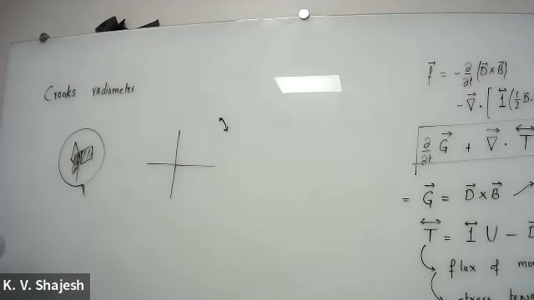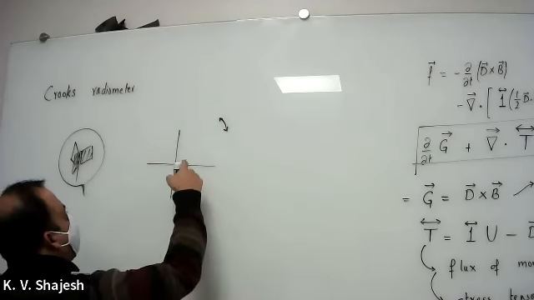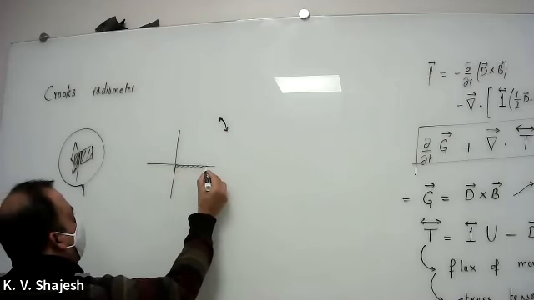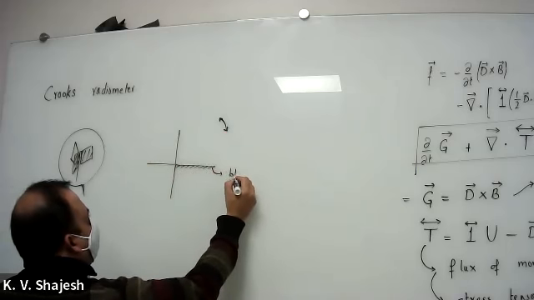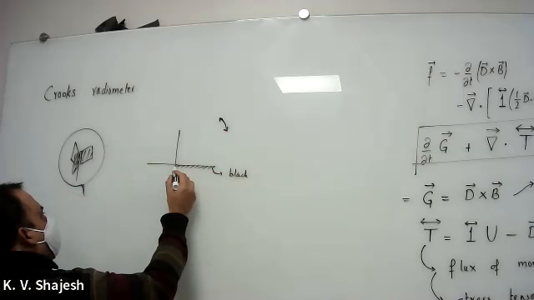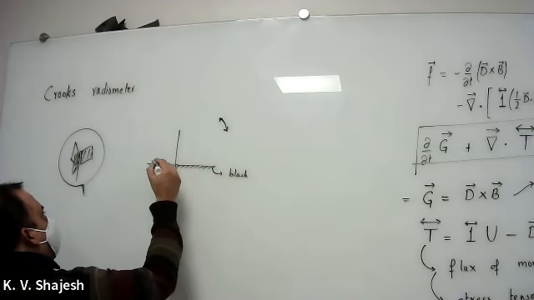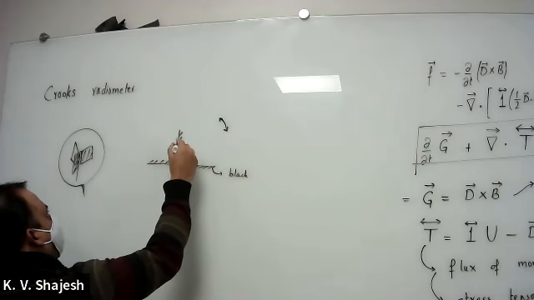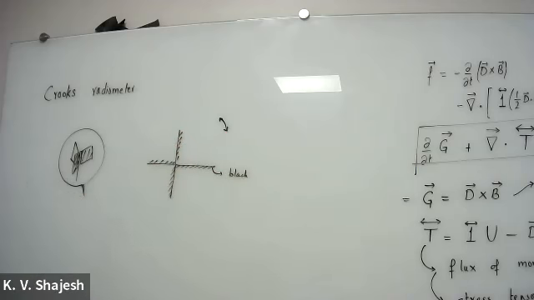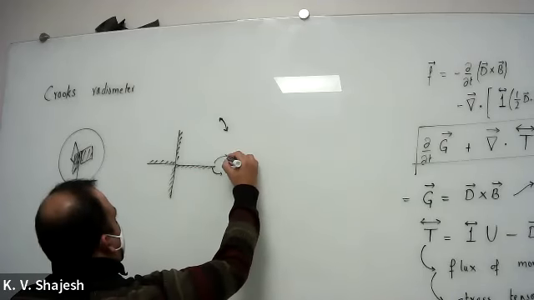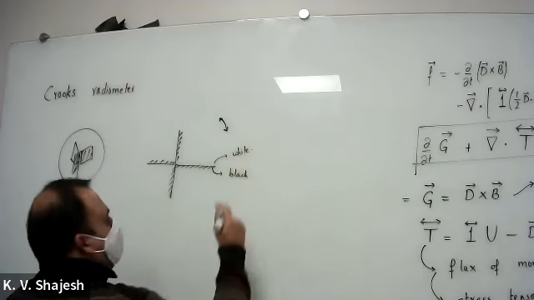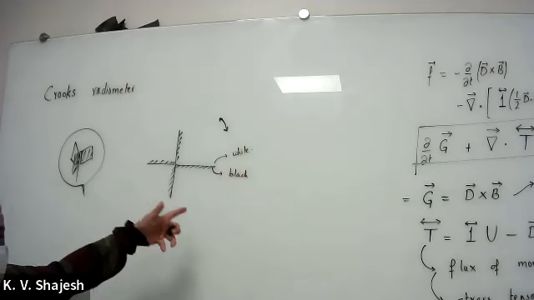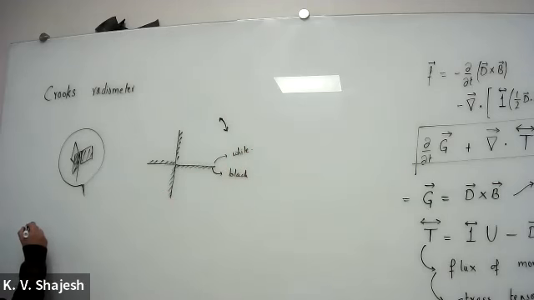Yeah. Now the idea is that let's say we color this one white and this one black. So this is black, and this is white, right? And when light comes on a black or a white surface, there are two things it does, right?